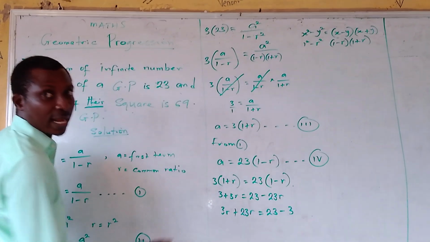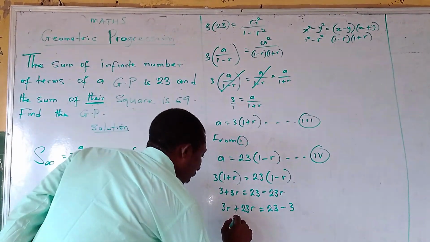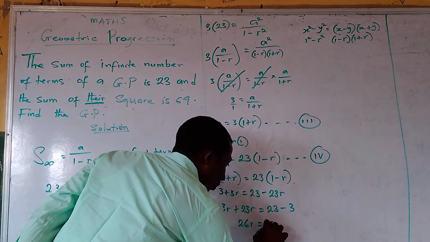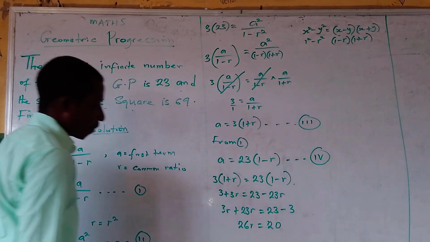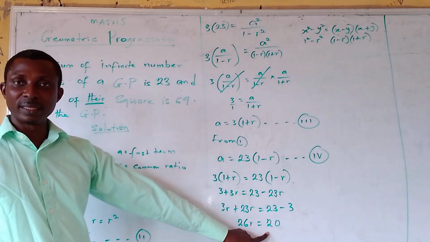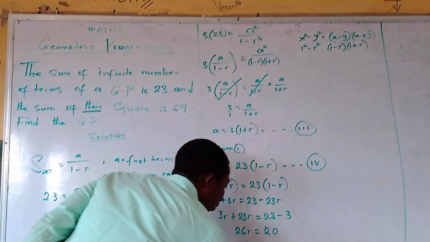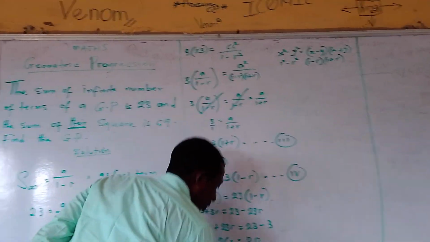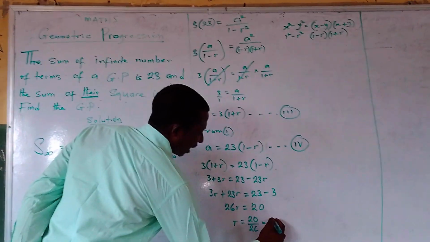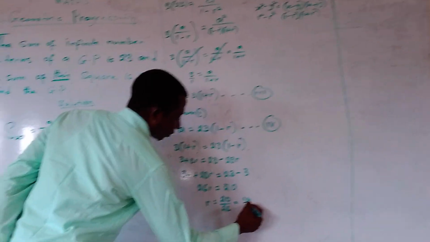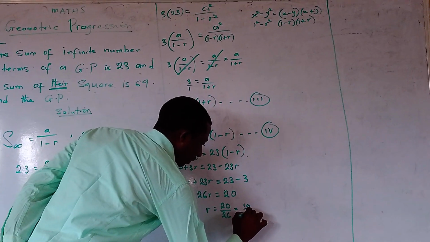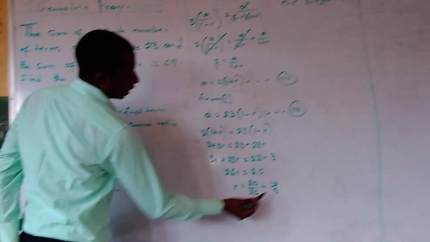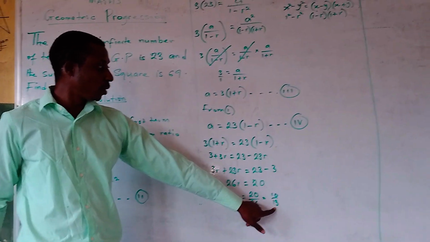And when you have this together, you have 26R equals to 20. So you divide both sides by 26. So when you do that, you have R equals to 20 over 26. And of course, now that is the same thing as 10 over 13. Because 2 goes there is 10, 2 goes there is 13. So the common ratio is this.